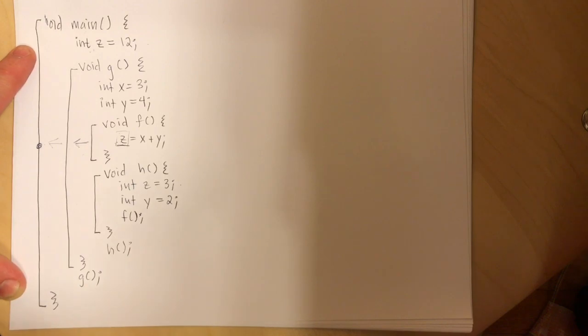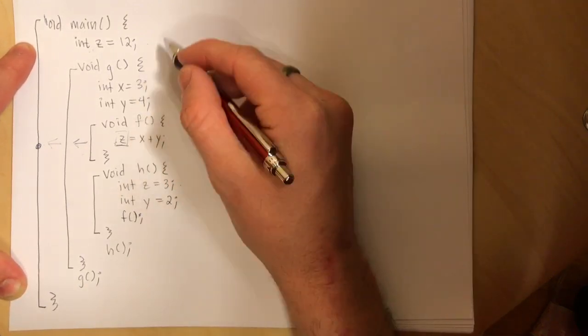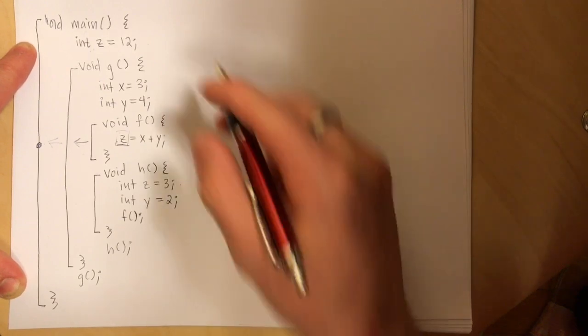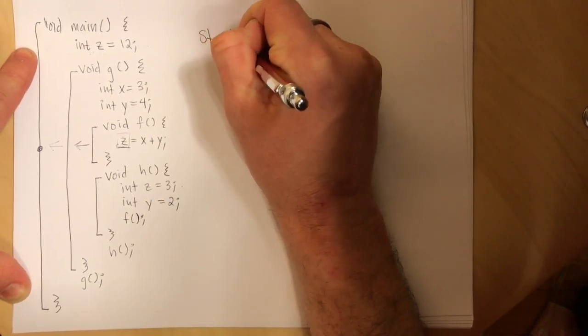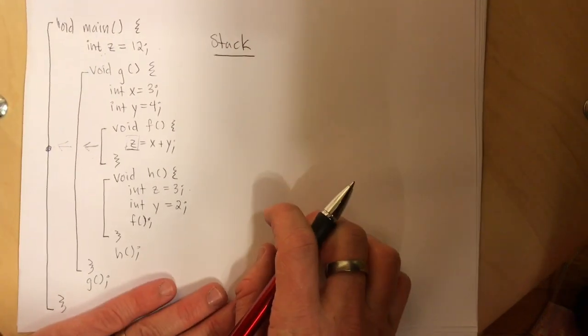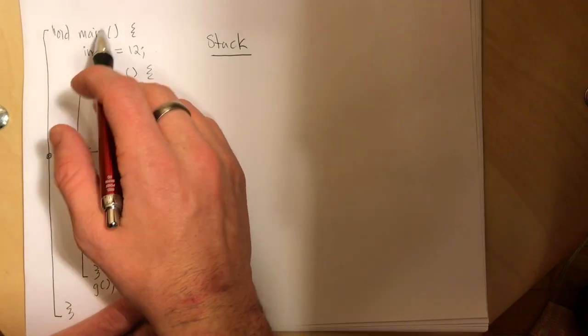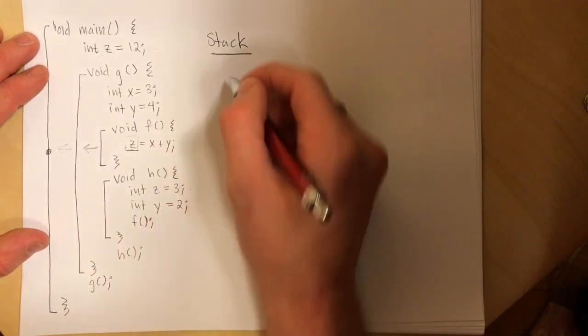But now we want to look at how to do dynamic. To do the dynamic scoping rules, we need to run the program by hand, which means we have to keep track of the call stack. So let's keep track of the call stack and see how this works. Obviously main, and this is a C-like language, is the first call that's made.